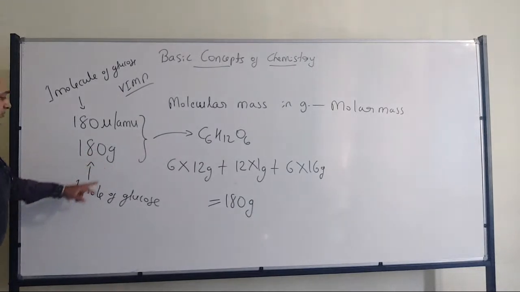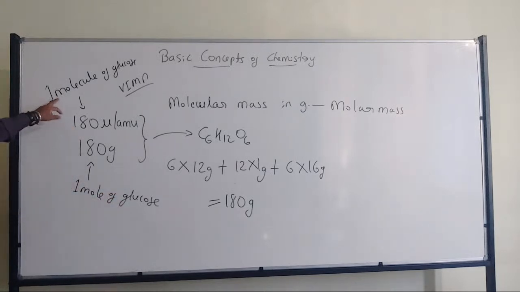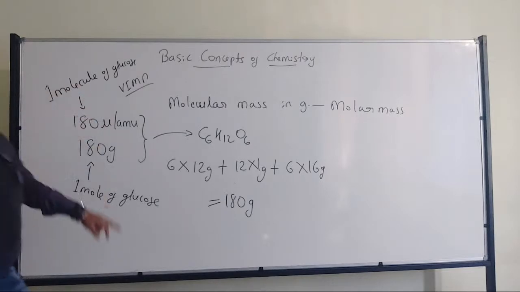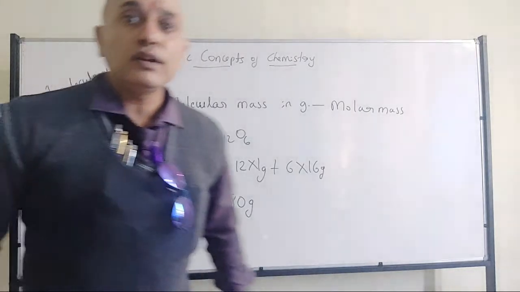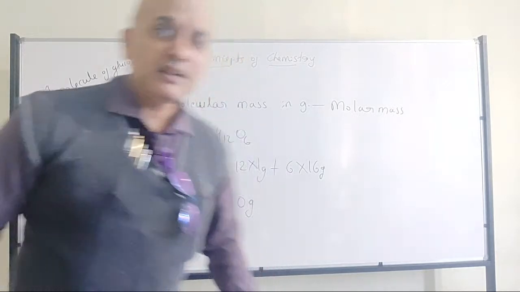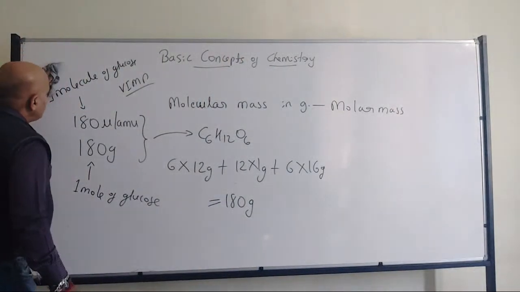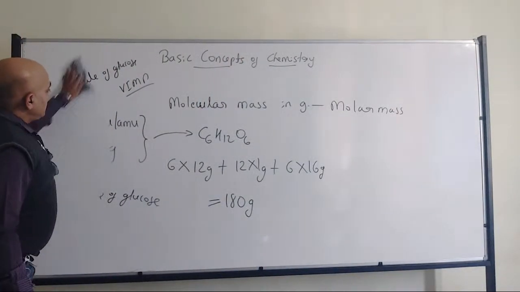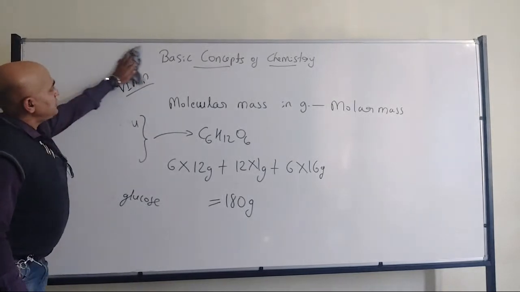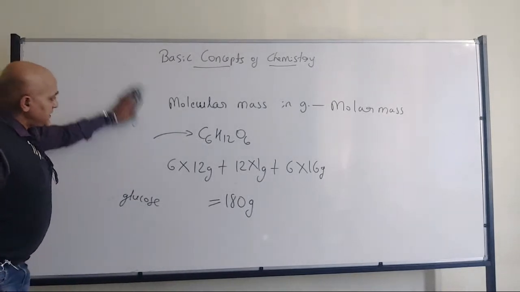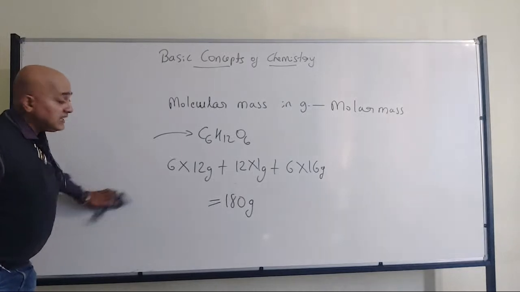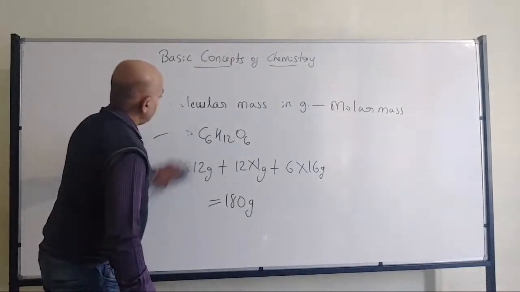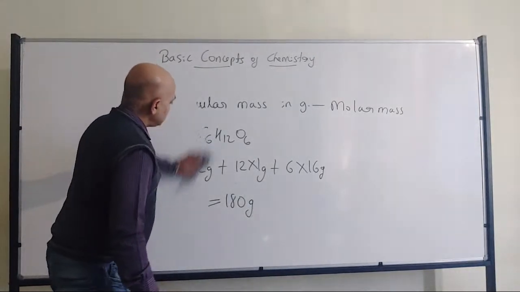So 180 gram is the mass of 1 mole of glucose, and 180 unified mass or atomic mass unit is the mass of 1 molecule of glucose. Okay? Very good. If you have any doubt, no need to hesitate. I am ready to explain any number of times. No need to worry.